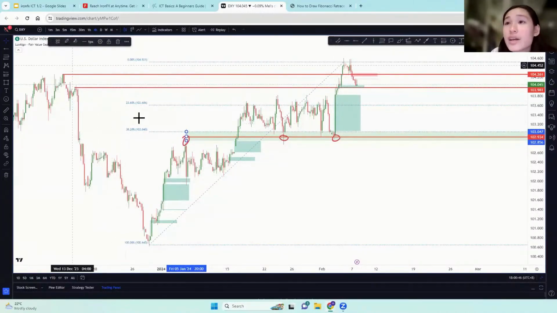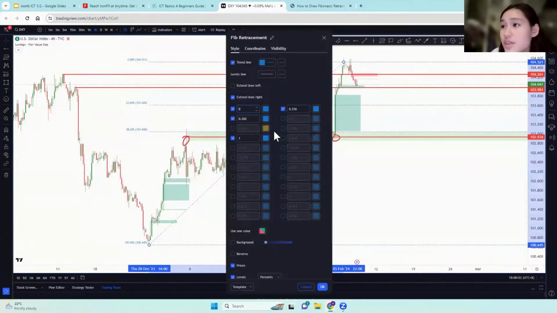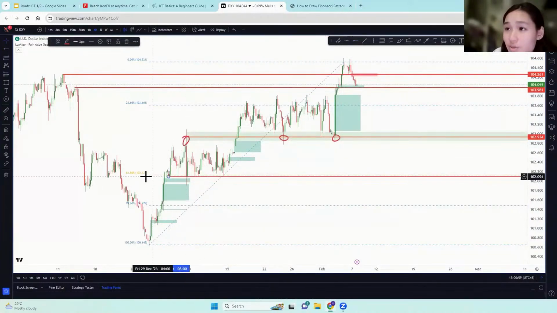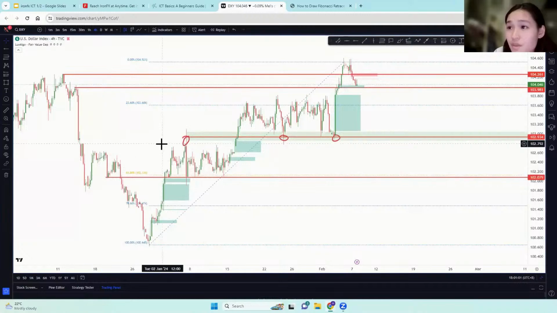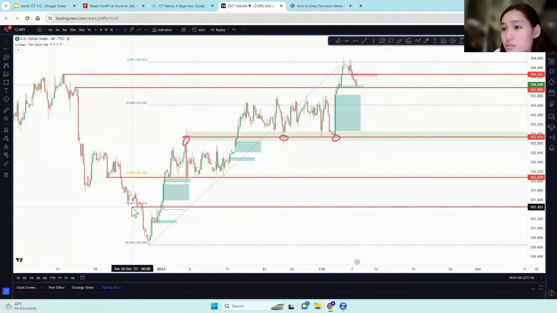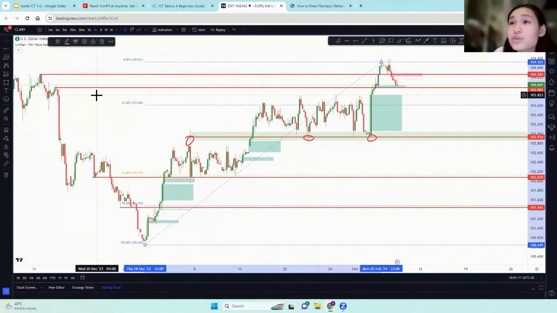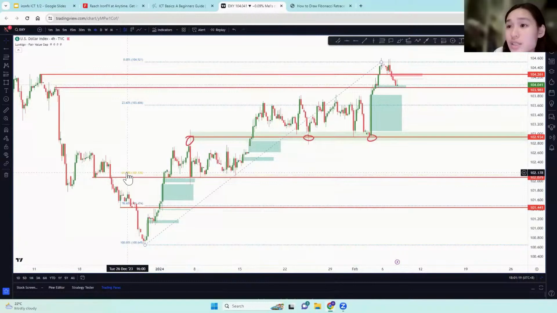If I look at our 61.8 as well as the 78.6, you can see that it also lines up with the highlighted fair value gaps over here. The 78.6 doesn't really match up, apart from this swing low, which is fine. It doesn't always have to match up.